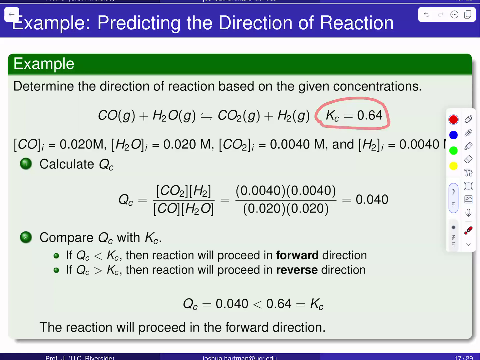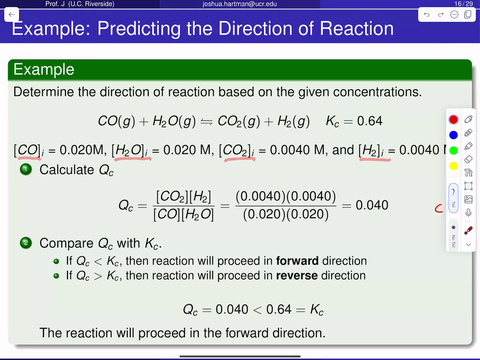As we saw in the previous slide, the equilibrium constant for this reaction at some specified temperature is 0.64. Again, unitless. Now, let's say we start off with some initial concentrations of all these reactants and products given to us right here.